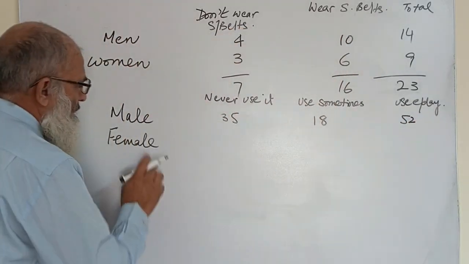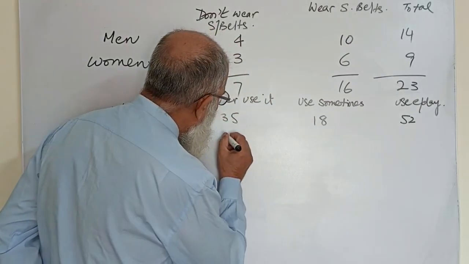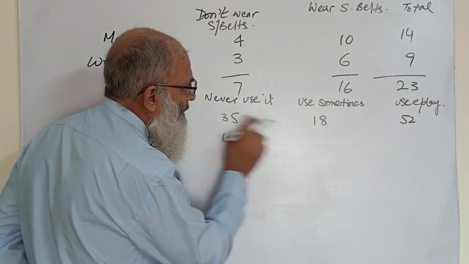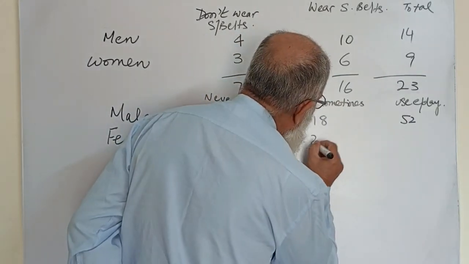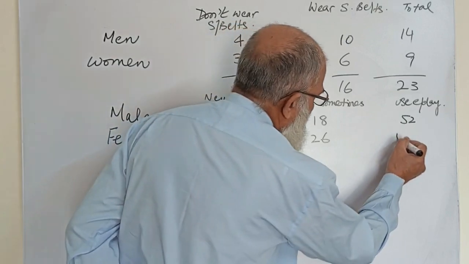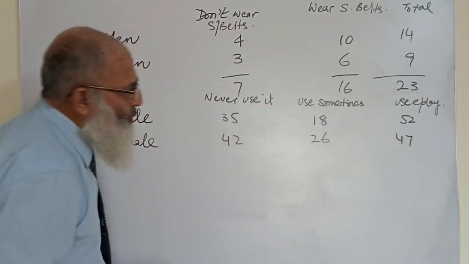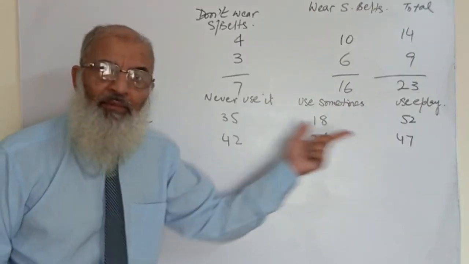Okay, for the female students, 42 never use it, 26 use it sometimes, and everyday users are 47. Now you can ask some questions from this data which has been tabulated.